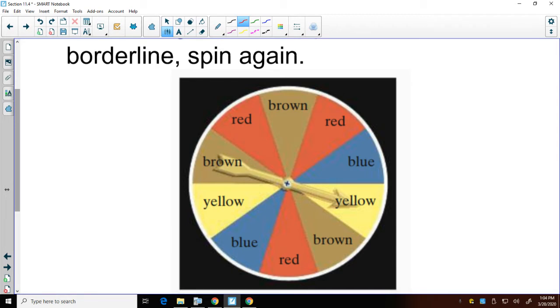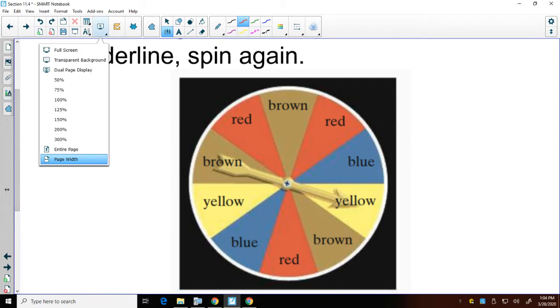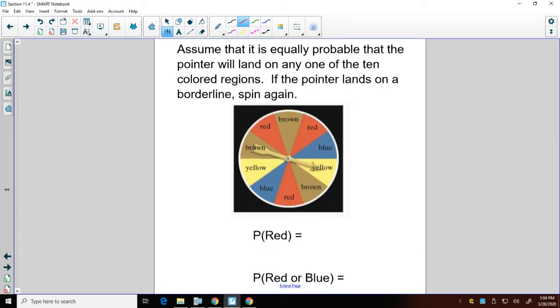Now if I give you the full page, here are the probabilities I want. What's the probability of being red? And then what is the probability of being blue? So you already know what the bottom numbers to these are going to be. So give it a shot. Pause your video.